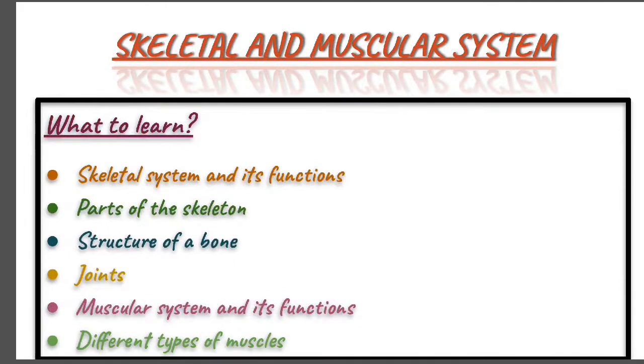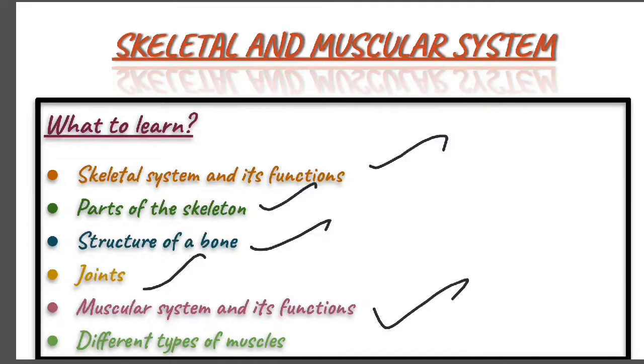Let me initially tell you what topics we are going to cover in the whole session about the skeletal and muscular system. We are going to cover these topics: skeletal system and its function, all the parts of the skeleton, structure of bone, joints, muscular system and its function.